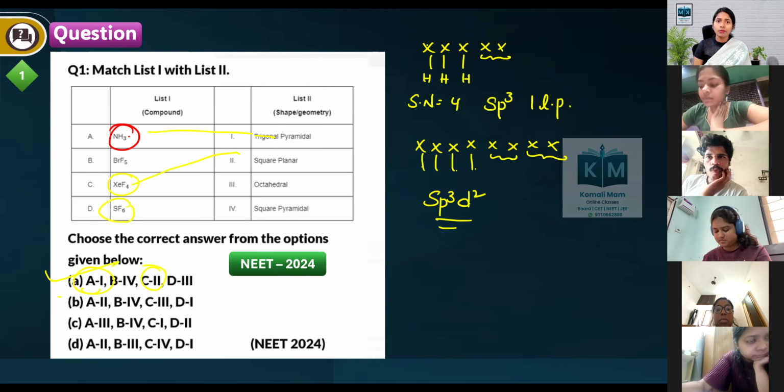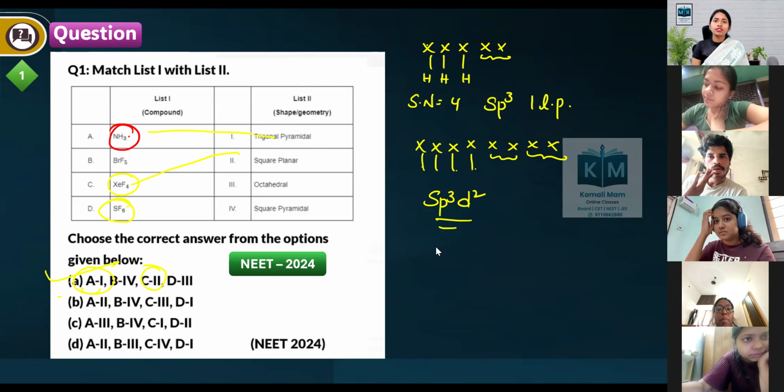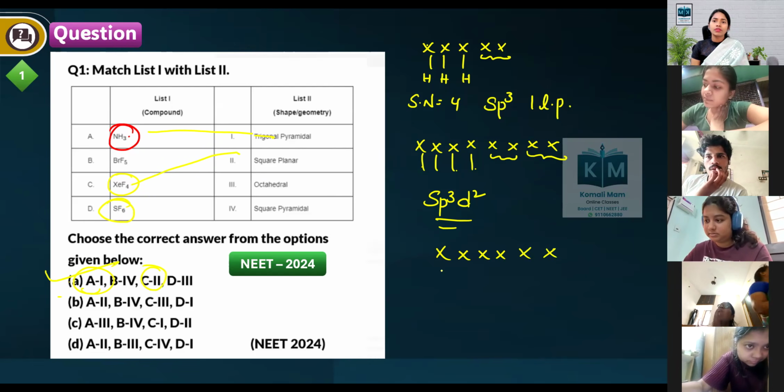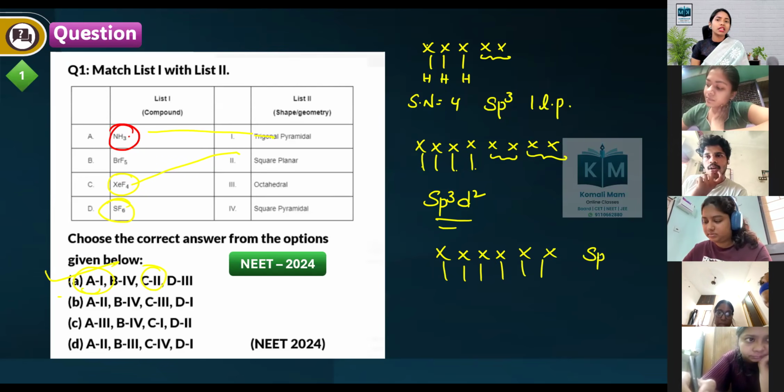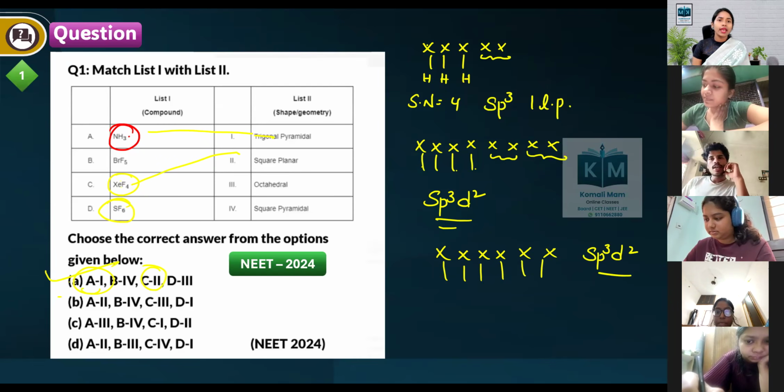SF6, what is the shape we'll be getting? Sulfur has 6 electrons in the valence shell: 1, 2, 3, 4, 5, 6. And each fluorine forms 1 bond. sp3d2 with 0 lone pairs is octahedral shape. So SF6 is octahedral, D is 3.